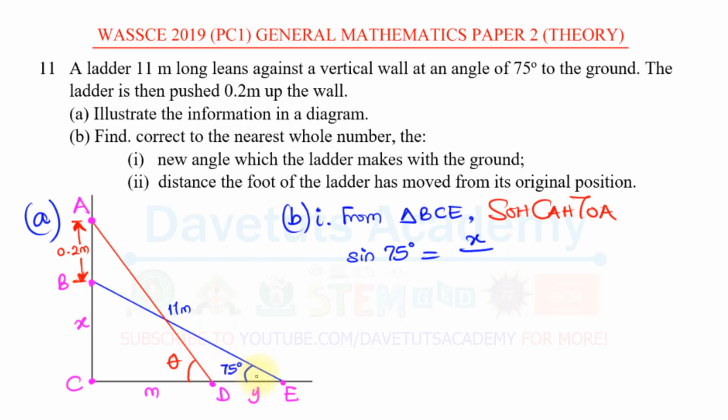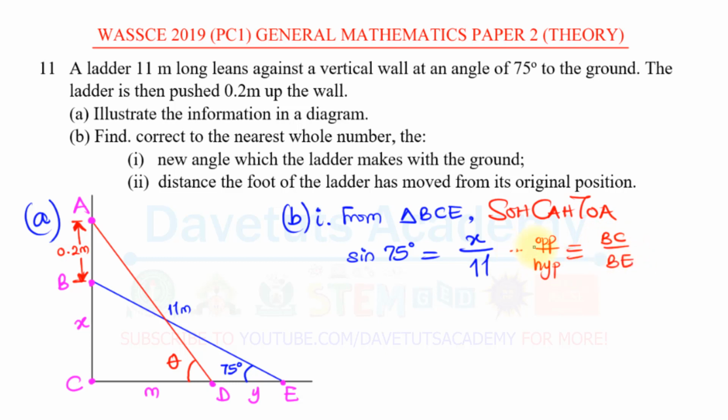It is this BE, which is 11. So I'll put that correctly: that is opposite over hypotenuse, which is synonymous to BC over BE.